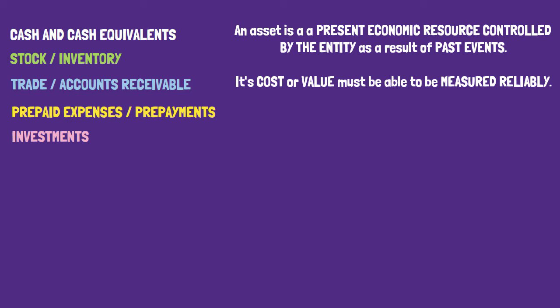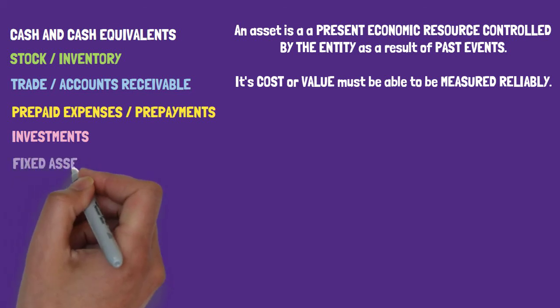Now, if you wanted to sell those on quickly and make a quick profit from it, they're current assets. If you wanted to hold them for long-term maturity or to make gains from dividends, etc., then they're non-current investments.